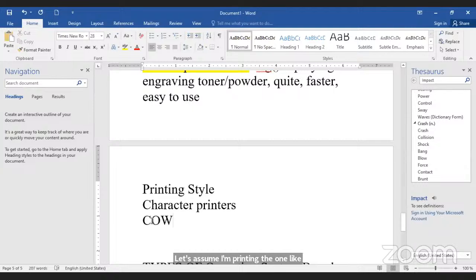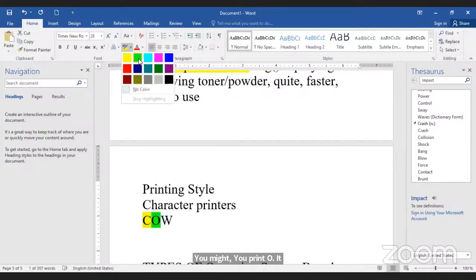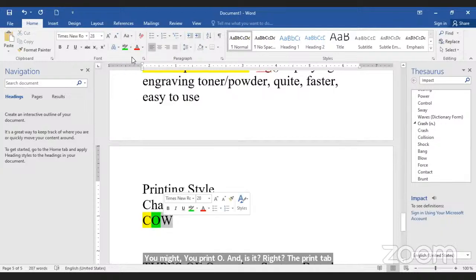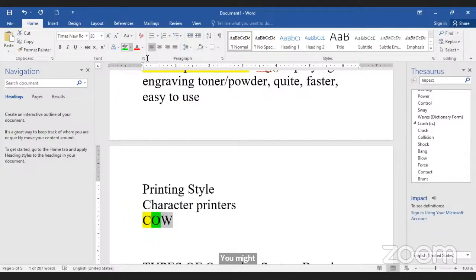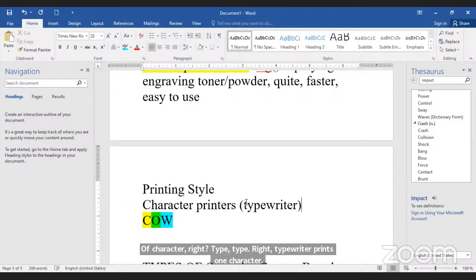So it means it prints C, then you print O, then you print W. So it means that it's printing one character at a time. We call them character printers. Example of character, like a typewriter, right? Typewriter prints one character at a time.